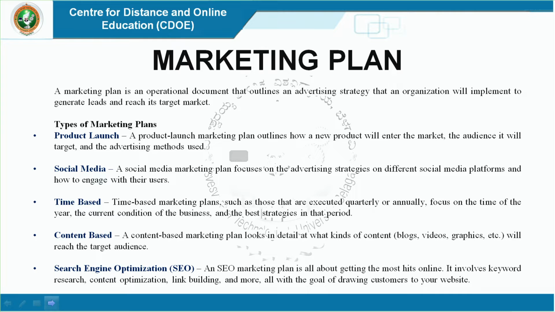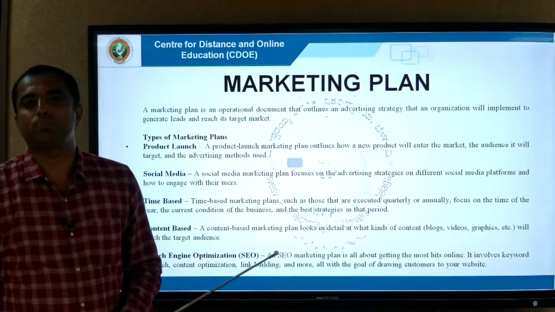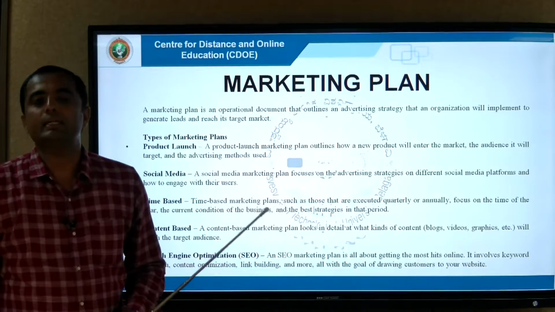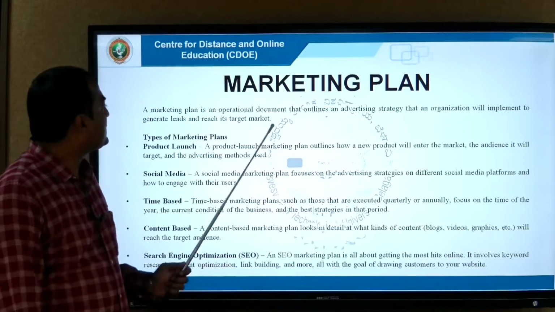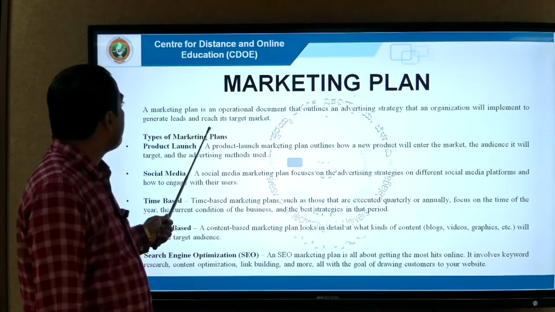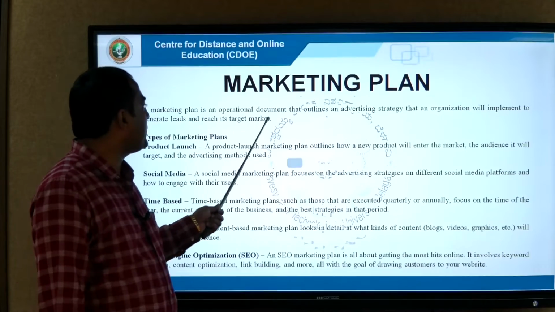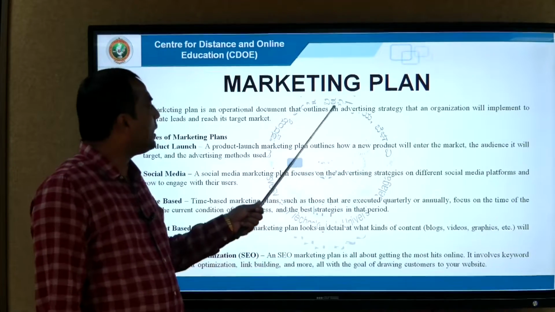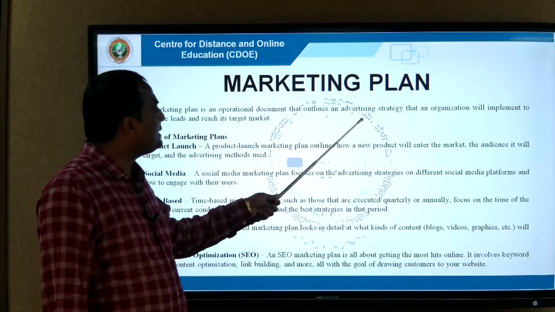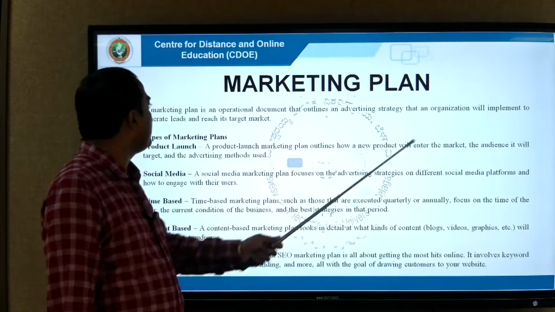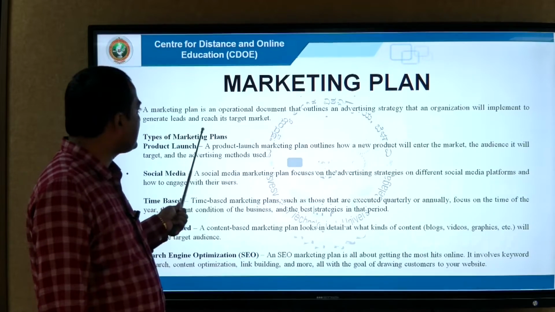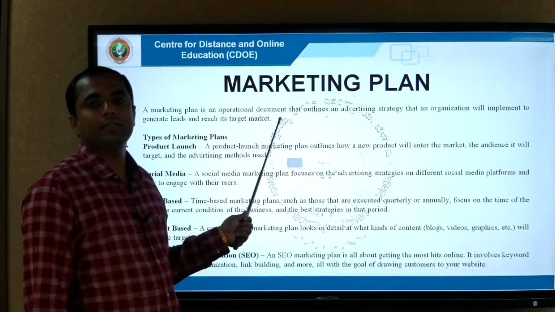In this session, let's discuss the marketing plan, the purpose of a marketing plan and developing marketing plans. What is a marketing plan? A marketing plan is an operational document that outlines an advertising strategy that an organization will implement to generate leads and reach its target market.